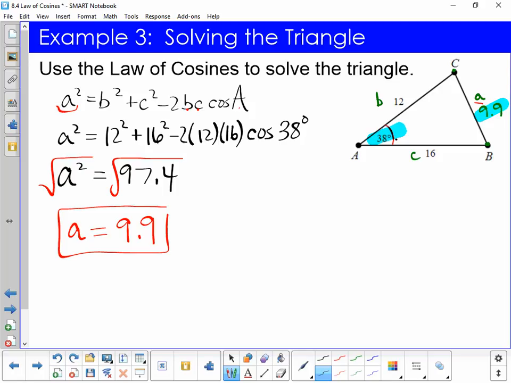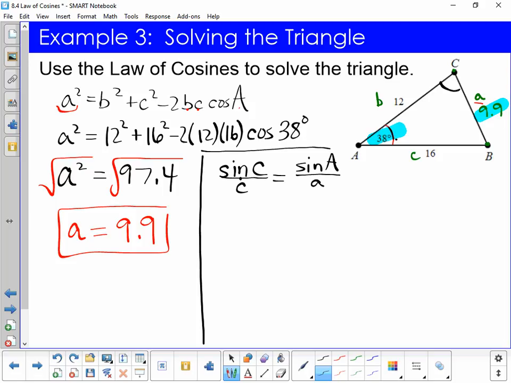So if I use the law of sines, let's find angle C. I could have just as easily chosen angle B. I chose angle C. If I switch to the law of sines, I would do the sine of angle C over side C equals, and the one I know is A, sine A over A. So putting in what I know, side C is 16, angle A is 38, side A we calculated as 9.9.